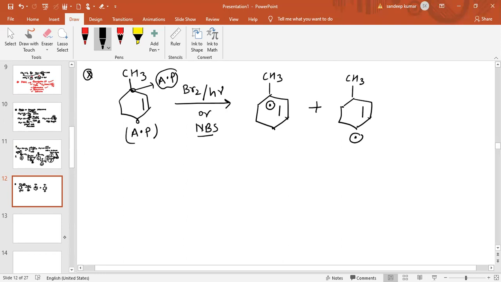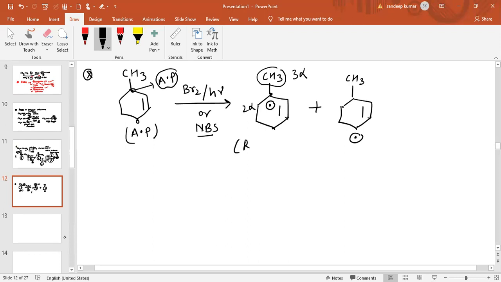Now see what happens. As you can see, in the first case this is an allylic free radical along with 3 alpha hydrogens. So allylic free radical means resonance, and along with resonance there are alpha hydrogens also. So you can easily say 3 alpha hydrogens are there and 2 alpha hydrogens there.